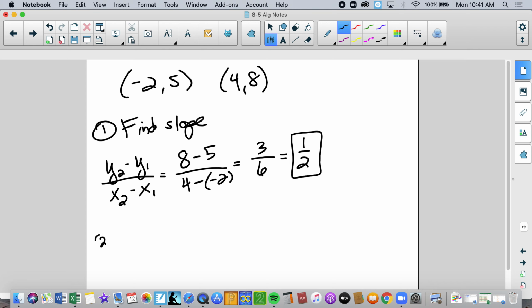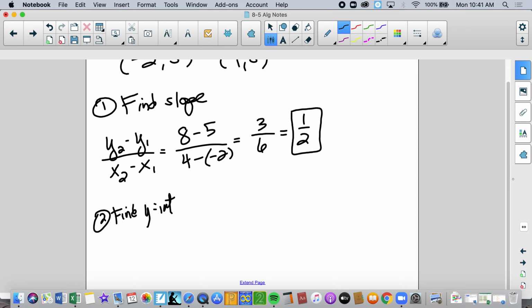Now we want to find the y-intercept, because we're given a point and the slope. So we use our template, y equals mx plus b. We know my slope is 1/2. Now what point? Remember, we're going to fill in for x and y.